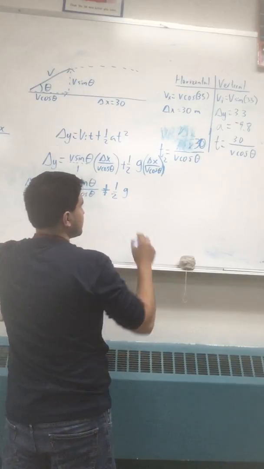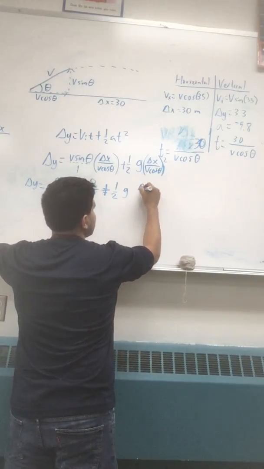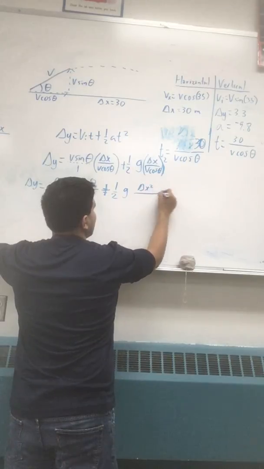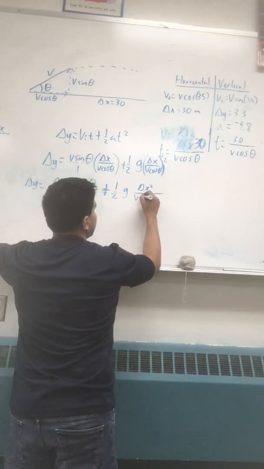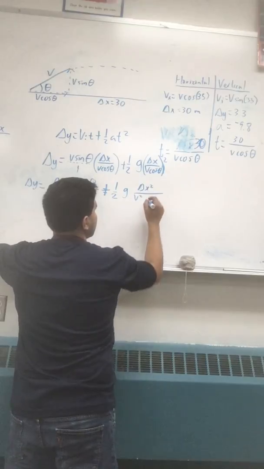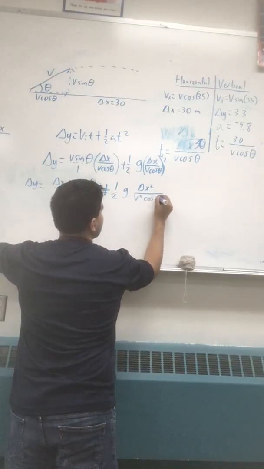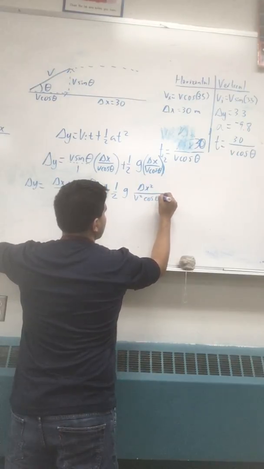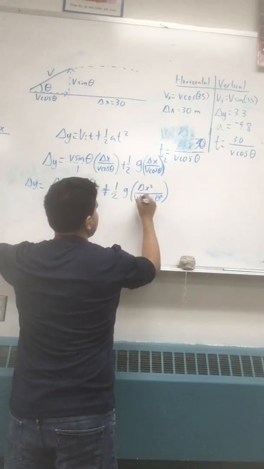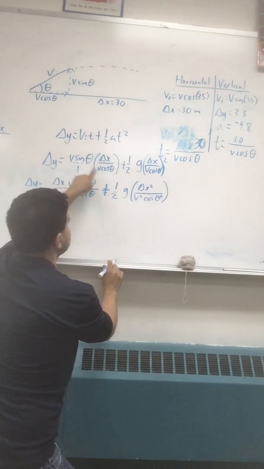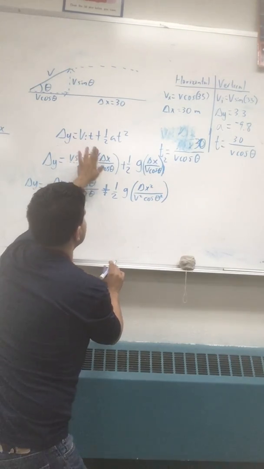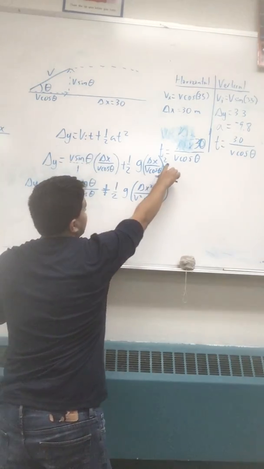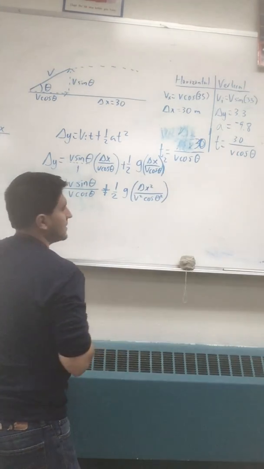I distribute that square, so it becomes change of x squared over V squared cosine of the angle squared. So what I did, I multiplied this part out. I multiplied the VI times the T, and I went ahead and did that.